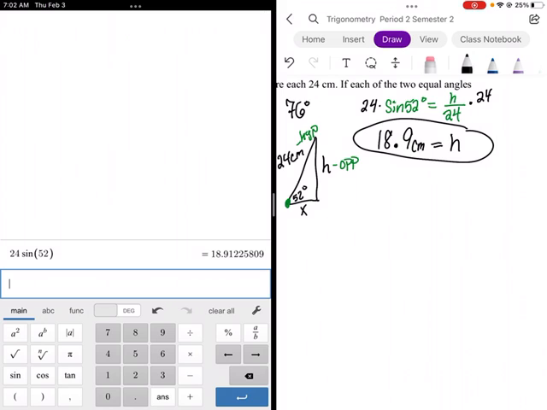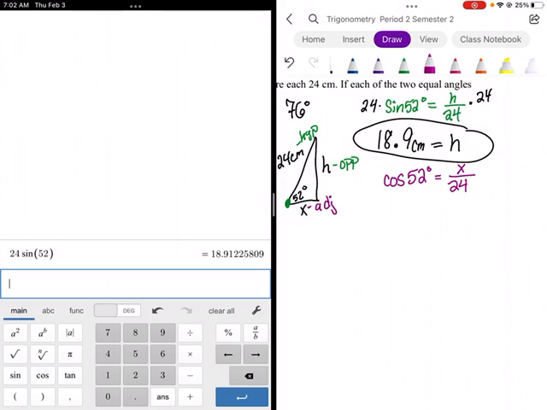Now we can also find x. So x is our adjacent side. So this time we're going to use cosine of 52. And I'm going to stick with the hypotenuse because that's the one that they gave us the measurement, so it's an exact value. So that'll give me the most accurate answer for the value of x.